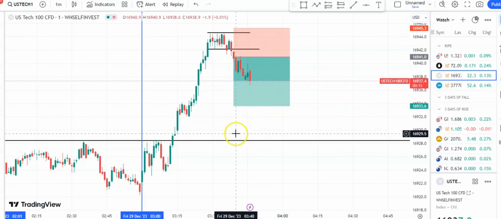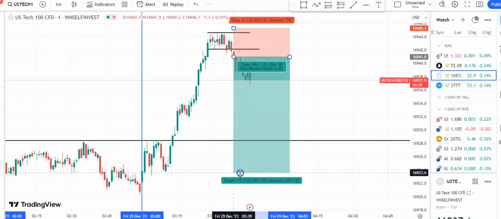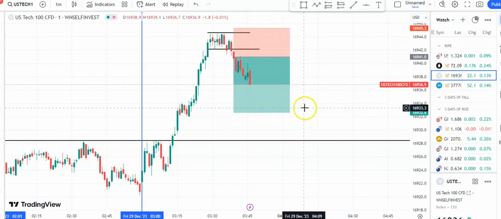Where will be my profit taking? So we can actually target up to here. That is a 1 to 4 risk reward ratio, but I'm good with a 1 to 2 because it is reliable and I don't have a lot of pressure.